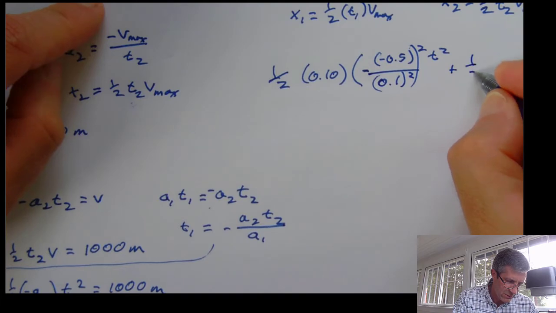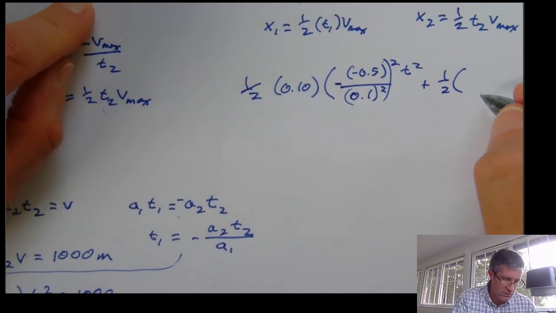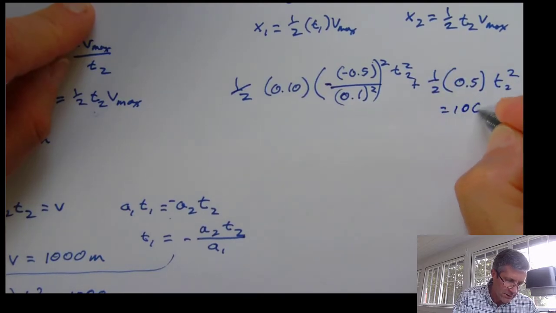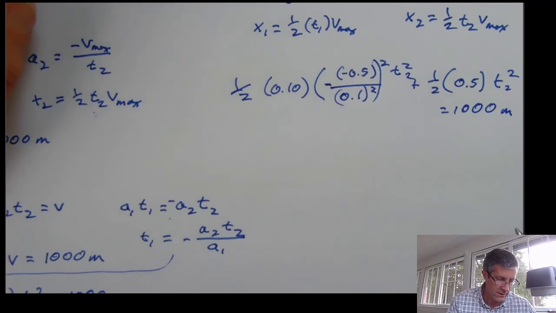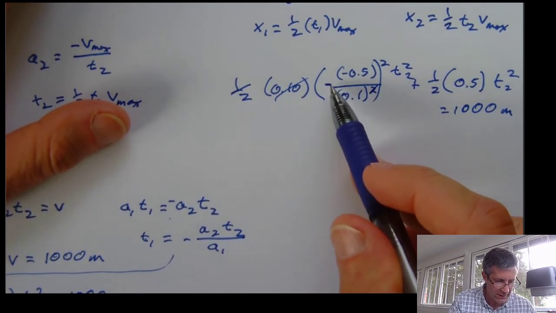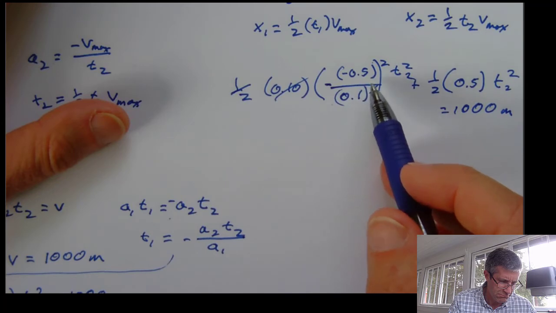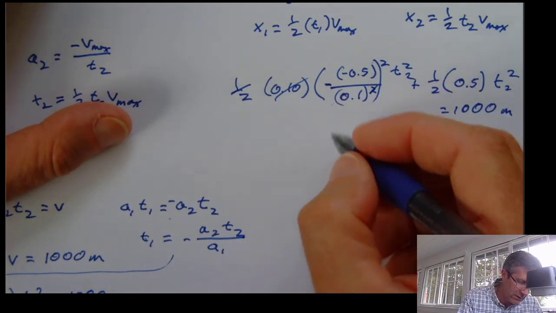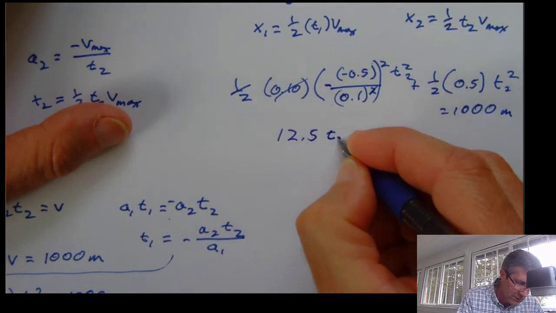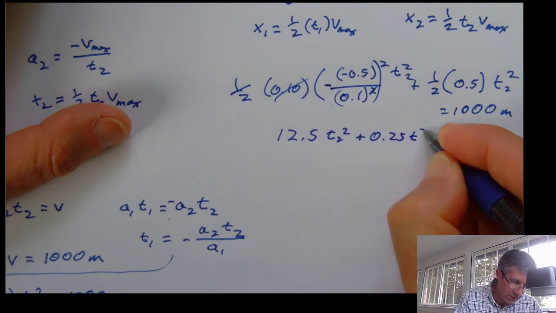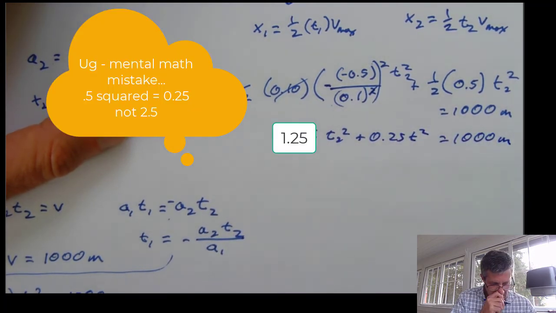I'm going to add to this 1/2 times negative of negative 0.5, so I'm going to have 0.5 times t2 squared, and this is all going to be equal to 1,000 meters. So this is going to cancel with one of these. I have a positive 0.5 divided by 0.1 squared, so this is going to be 12.5 t2 squared plus a quarter t2 squared is equal to 1,000 meters.